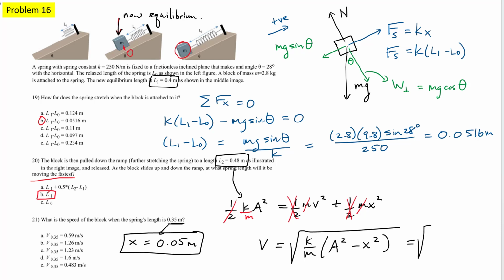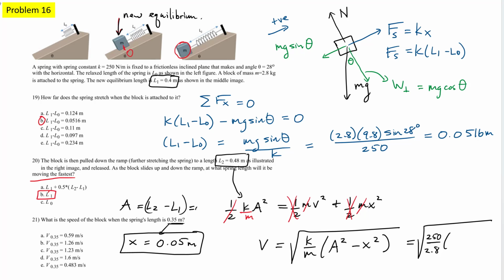Now you can substitute in all the values. My spring constant is 250. My mass was 2.8 kg. And for the amplitude of the motion, you have to remember that the amplitude is not the length of the spring. The amplitude for my problem is actually L2 minus L1, the maximum amount of stretching you're going to have.